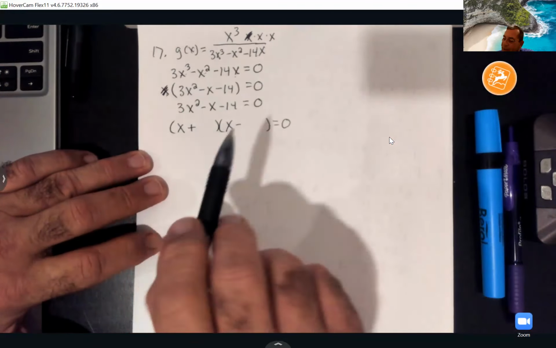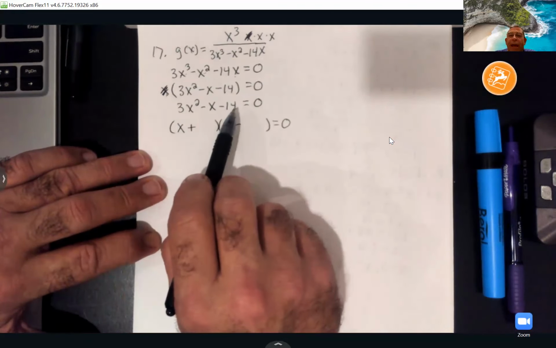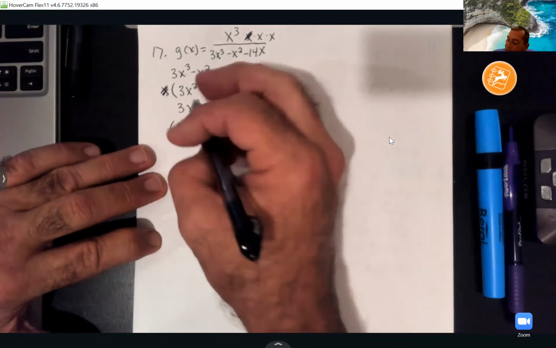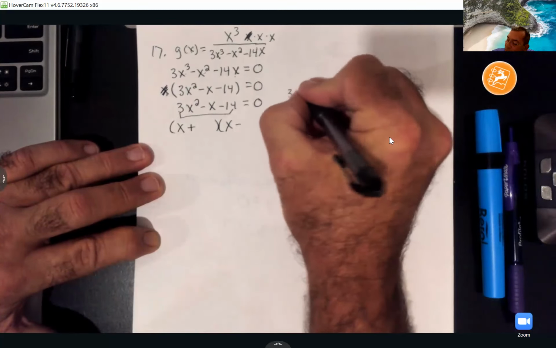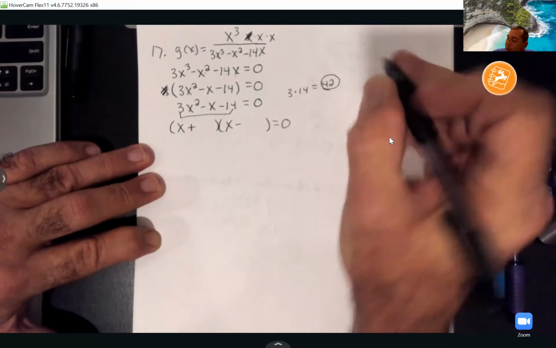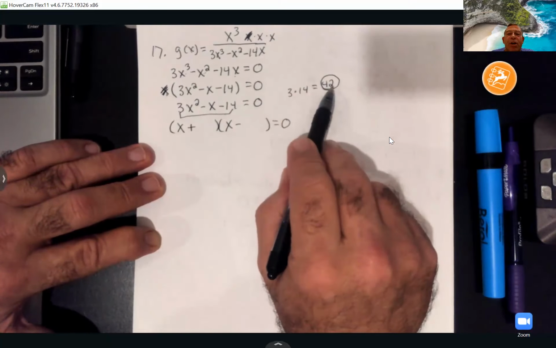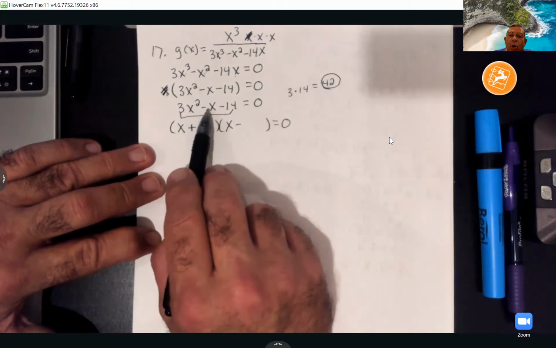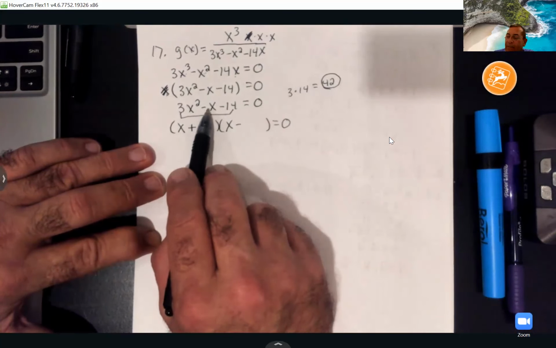But let me show you the difference now. We're not looking for factors of 14. When you got a number in front, you got to multiply 3 times 14, and that's going to give you 42. 42 is the number that we got to find factors of that'll give me a 1 when you subtract.